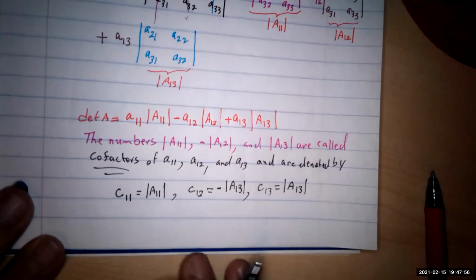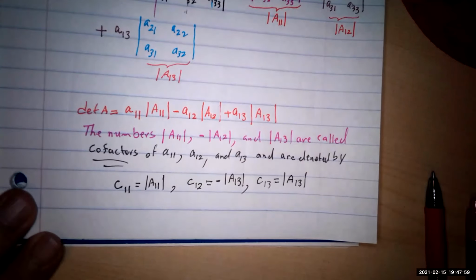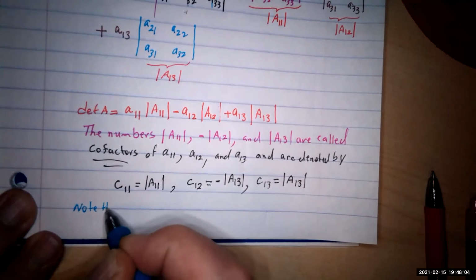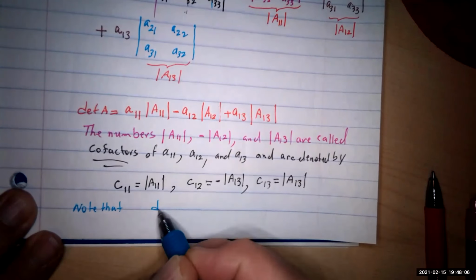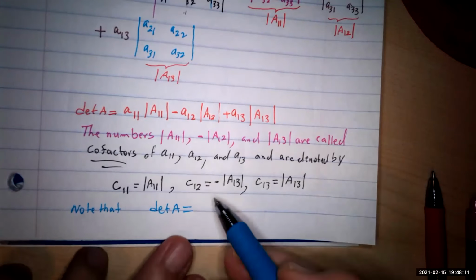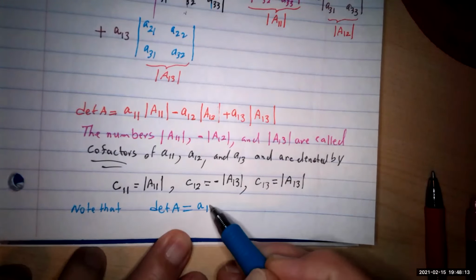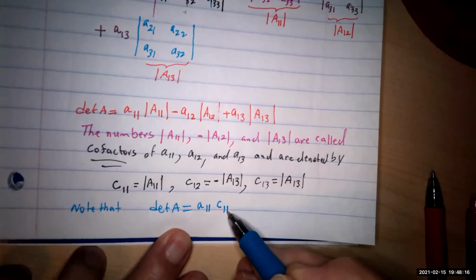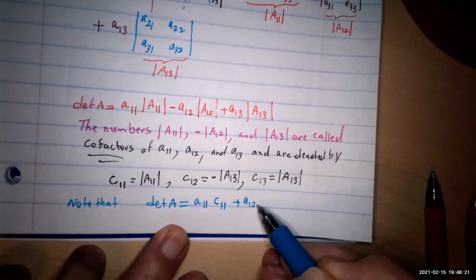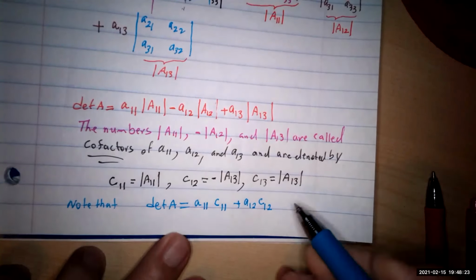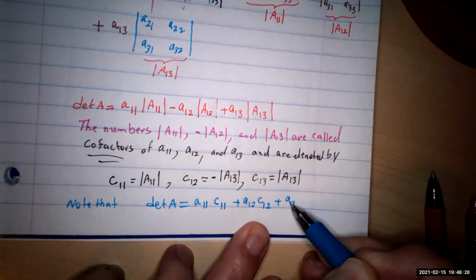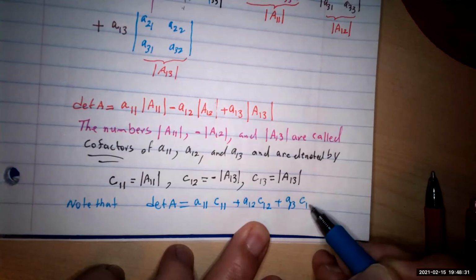What's the advantage? We can write an easy formula for the determinant. So what is going to be the determinant of A now? The determinant of A is going to be A11 C11 plus A12 C12 plus A13 C13.